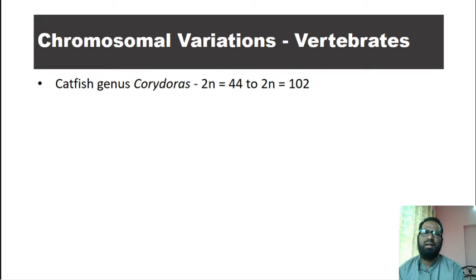I would like to take the example of a catfish genus called Corydoras. In Corydoras, the diploid number of chromosomes is between 44 and 102. Some species belonging to Corydoras have 44 diploid chromosomes, whereas other species of the same genus have 102. So a very big diversity can be seen in Corydoras. That is one very important type of chromosomal variation observed in vertebrates.